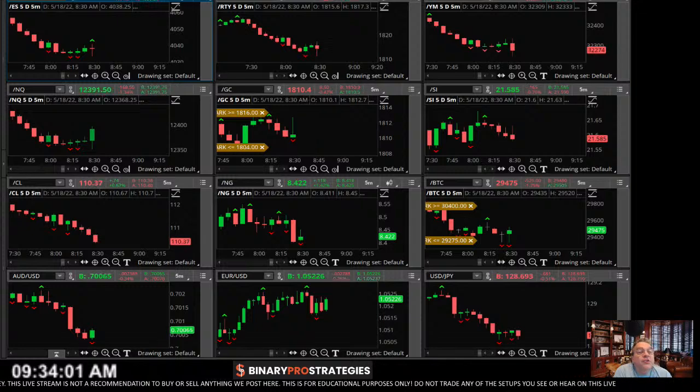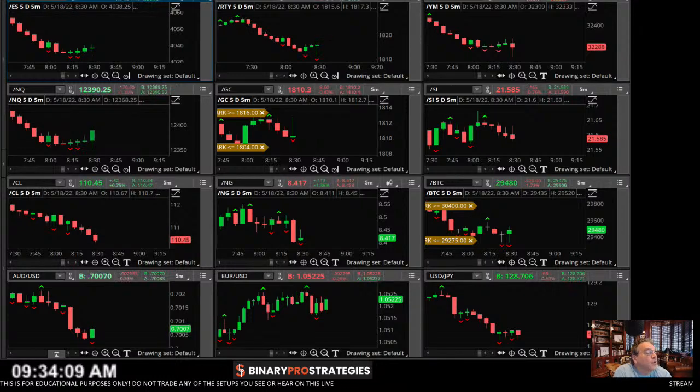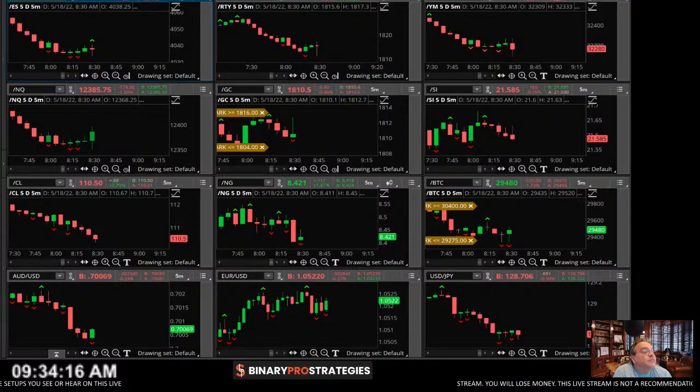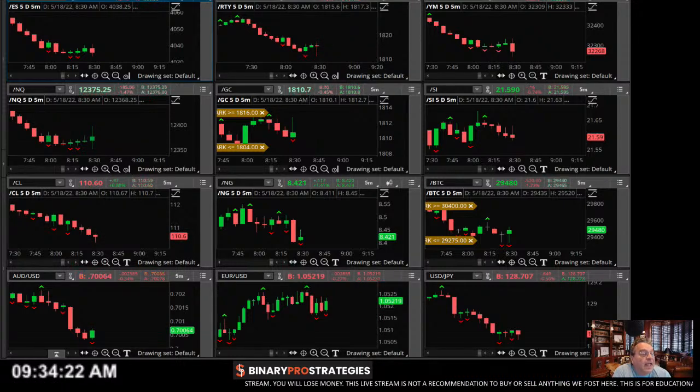One of the things I like to do, it's a lot easier to do with the gold than it is the indices, but I do it on indices. If we get a pullback, let's say we get an initial short, like on this gold, the actual entry was 1808, but by the time that I got in, it was 1810. But then I added as it came up.